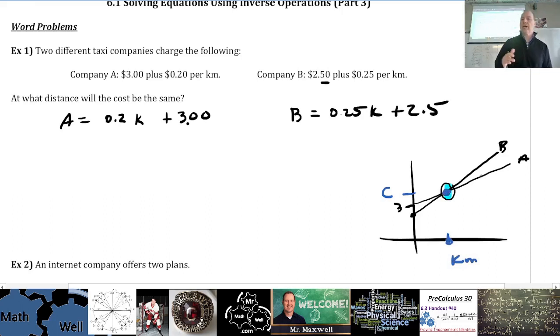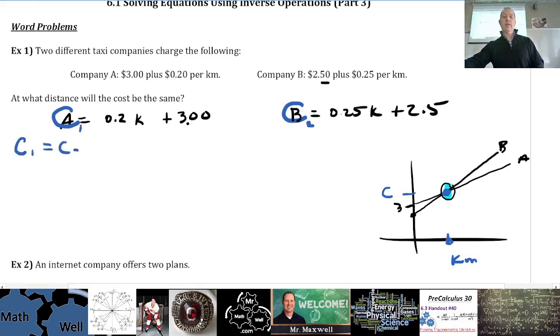So algebraically, how we would do that is, this is cost for A, this is cost for B. When the costs are the same, the relations will also be the same. Well, we find that out by setting each of the relations equal to each other.